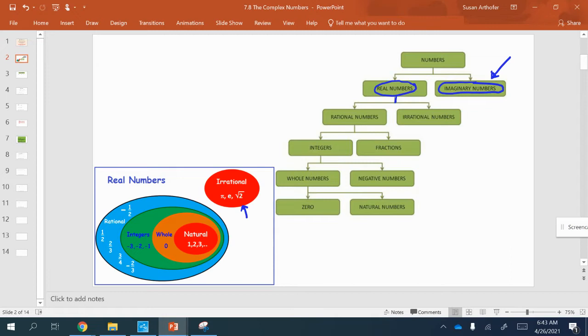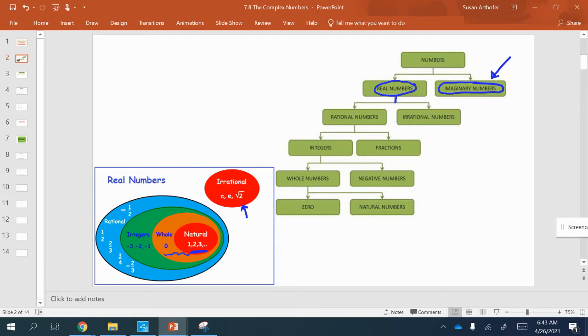And then on the inside here are your natural numbers, because thousands of years ago, people only counted by positive numbers, things they could see. They didn't have a concept of 0, so they would start at 1. But then we got the idea of 0, and so now we call those the whole numbers.